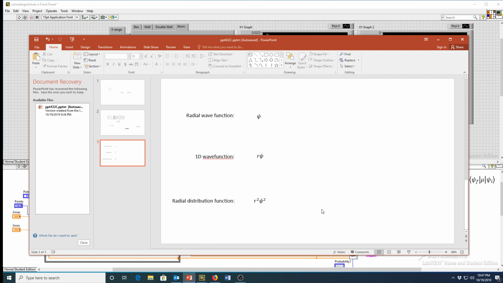So you can't just take a slice through space of probability, which is what your radial wave function is. You have to use this r squared factor, which is called the Jacobian, to adjust for the fact that your space is more spread out at large radius than at small radius. Not something you have to worry about in Cartesian coordinates, but this sort of weirdness shows up in spherical and polar coordinates all the time.